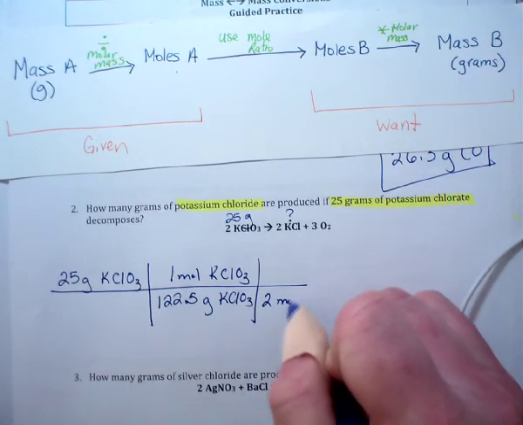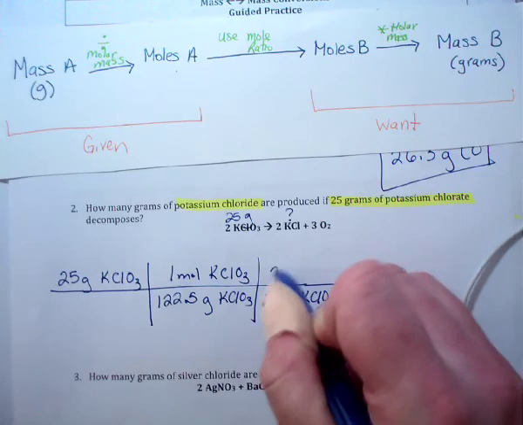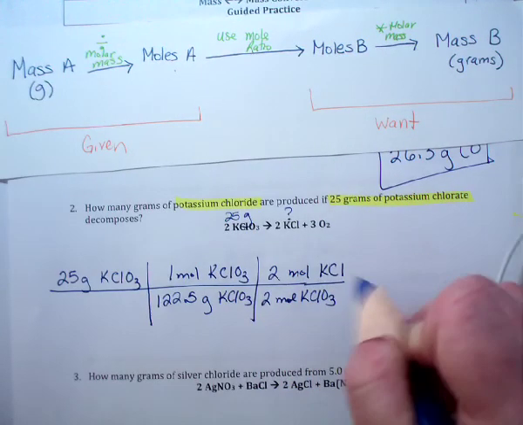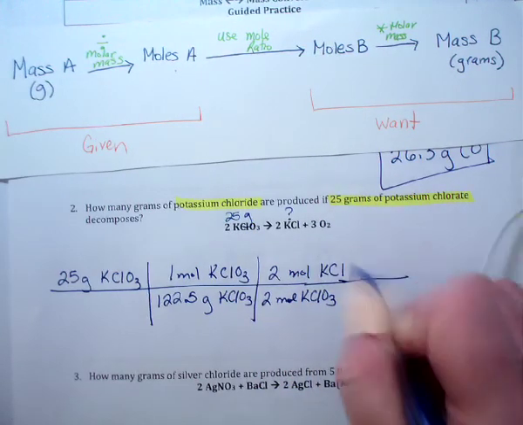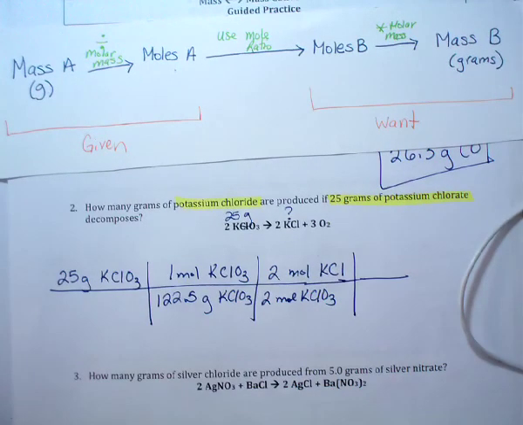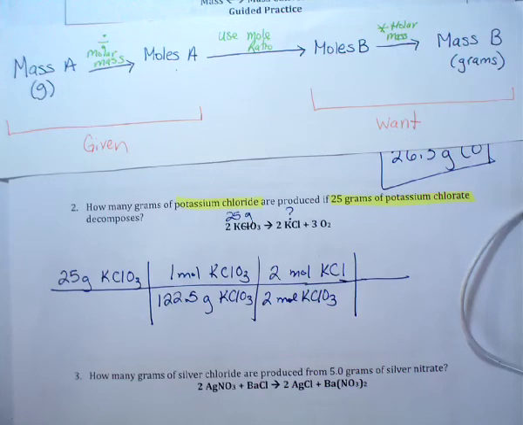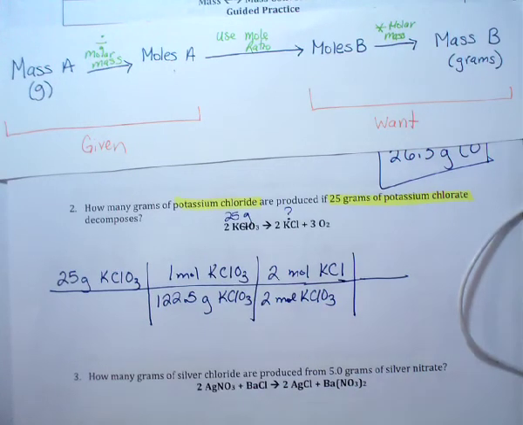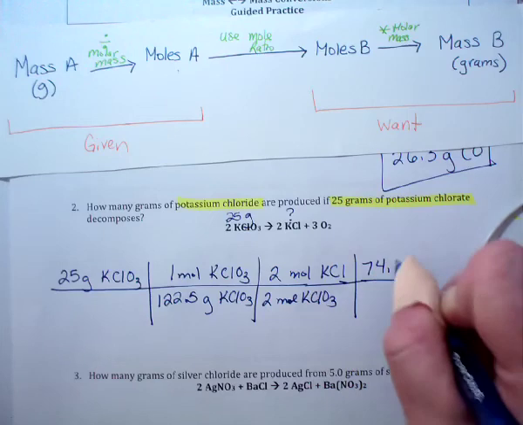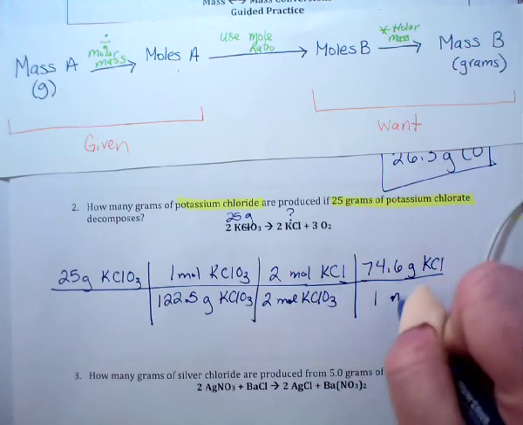There are 2 moles of KClO3 for every 2 moles of KCl. And then finally, I need to turn moles of KCl into grams of KCl using my molar mass, 74.6 grams of KCl in 1 mole.